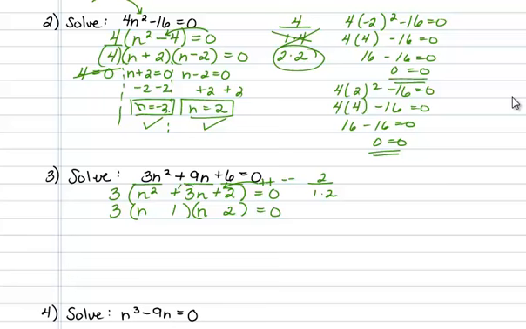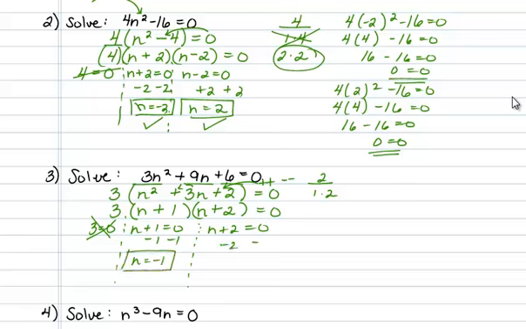And they've got to make a positive 3n, so they have to be plus plus. Can 3 equal 0? No. And there should only be 2 answers for this anyways. So n equals -1 and -2.